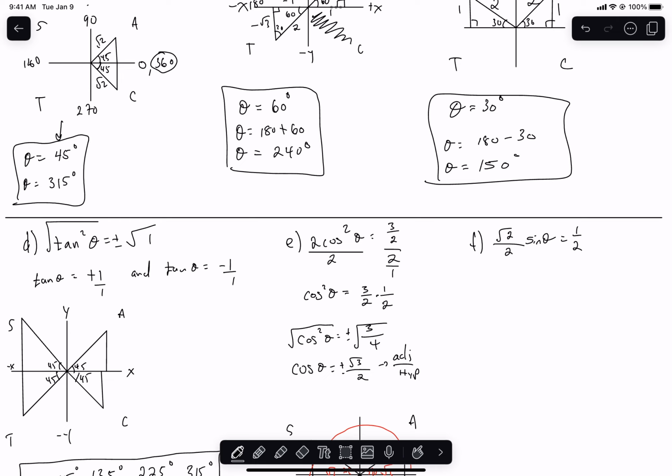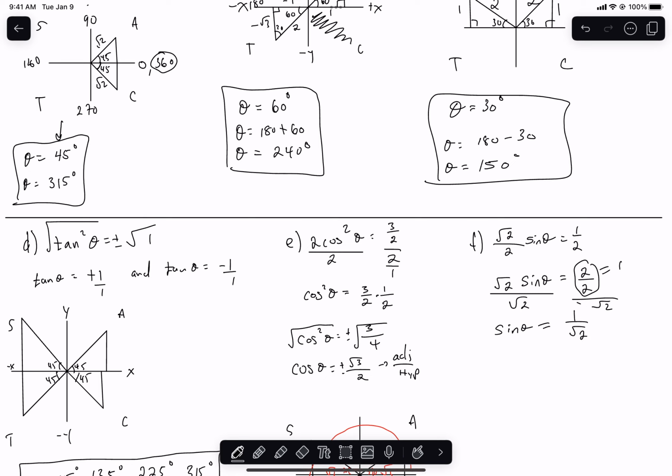So I'm going to multiply both sides by 2, because that's division on the left. And so if I do that, I'm going to get root 2 sine theta has to equal 2 over 2, which is just going to be 1. And then in the next step, I can just divide by root 2. And so I get sine theta is going to equal 1 divided by root 2.